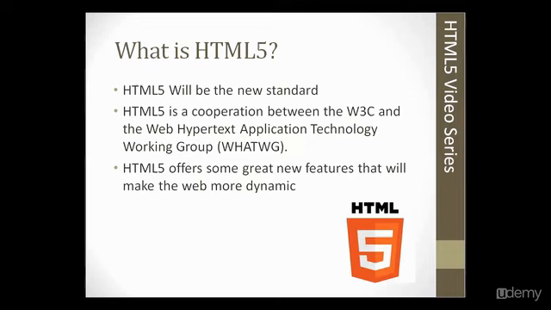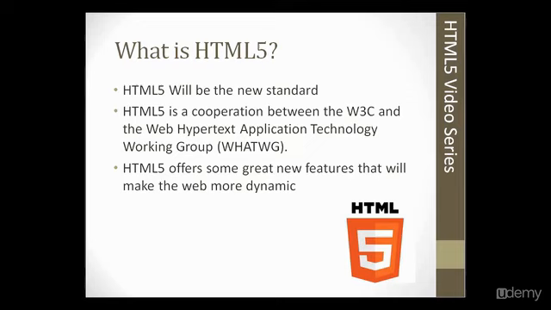So HTML5 was a cooperation between the W3C and the Web Hypertext Application Technology Working Group, or WHAT-WG. And WHAT-WG was work. That's not a professional term, by the way. They were working with web forms and applications, and the W3C was actually working on XHTML 2.0.